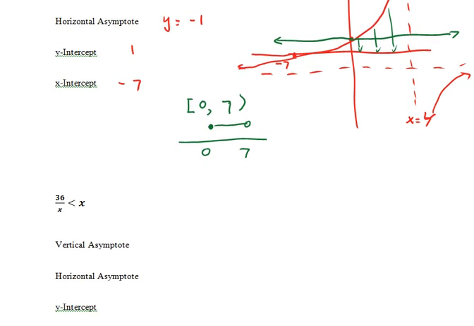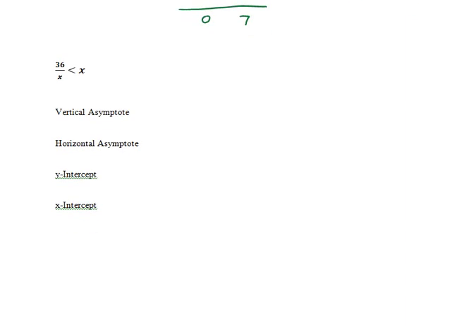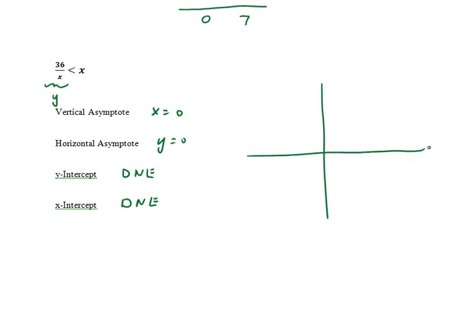Our last example is a little bit different. Our rational function is y equals 36 over x. Vertical asymptote x equals 0, horizontal y equals 0, no intercepts. But it has been stretched.